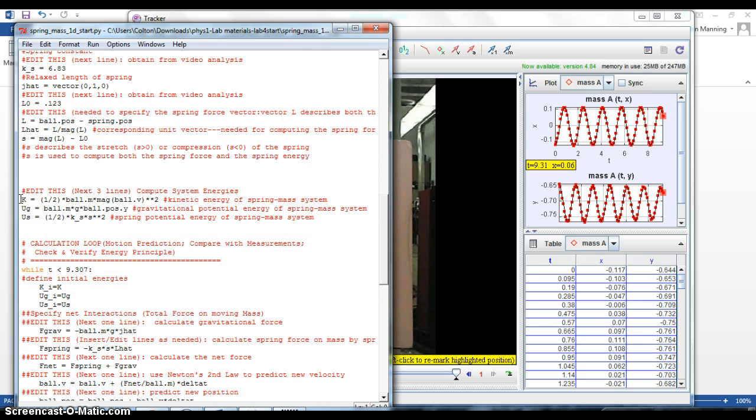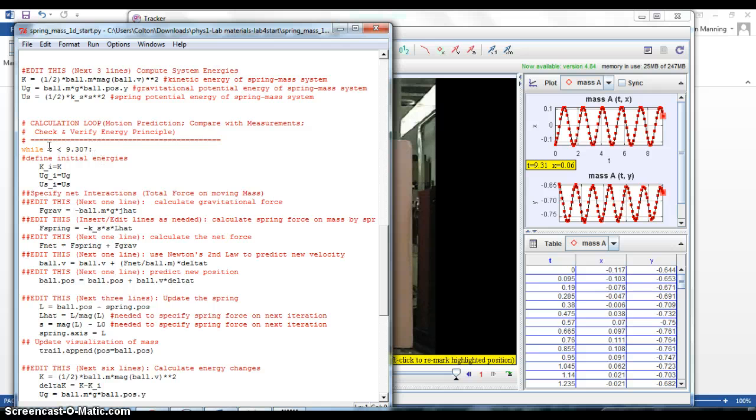We use more equations, such as the kinetic energy equation, the gravitational potential energy equation, and the potential spring energy equation. And we also use a time step, t is less than 9.307, because that was how long the video was recorded for on Tracker.